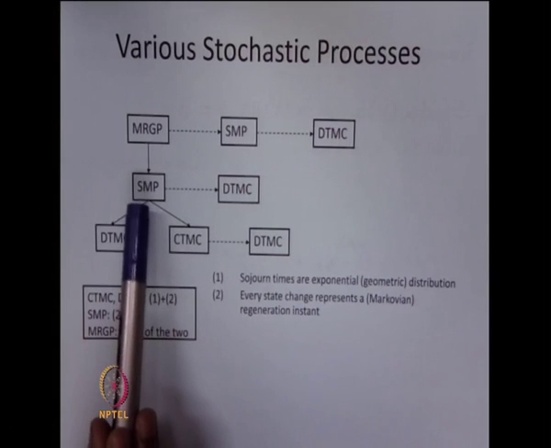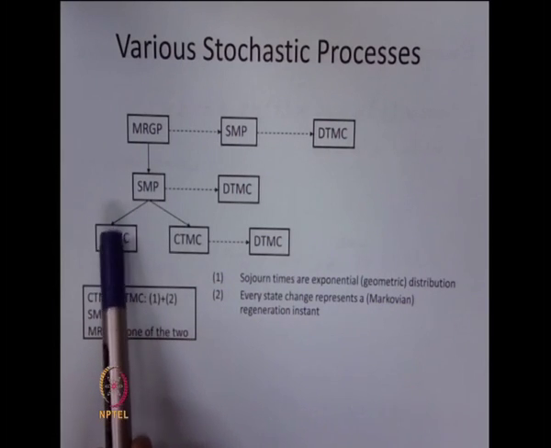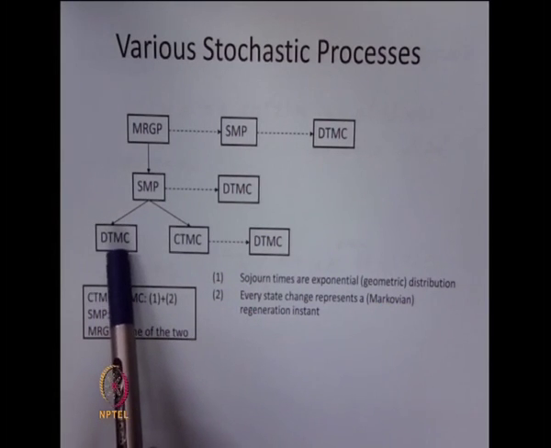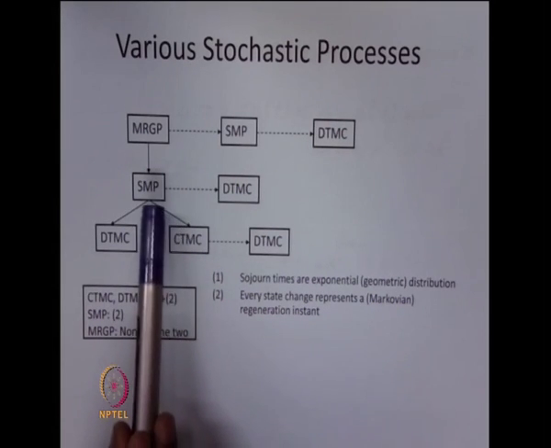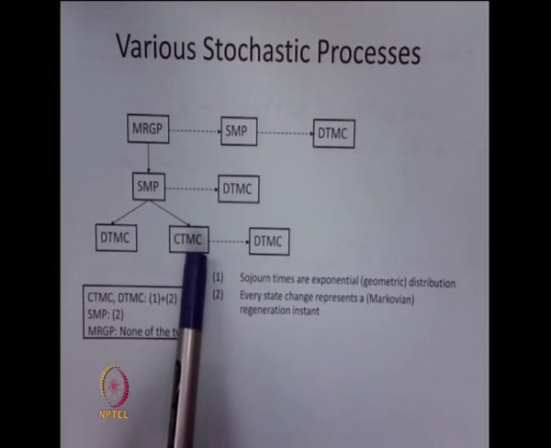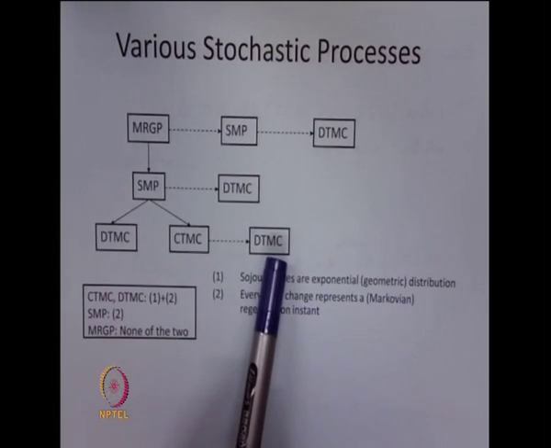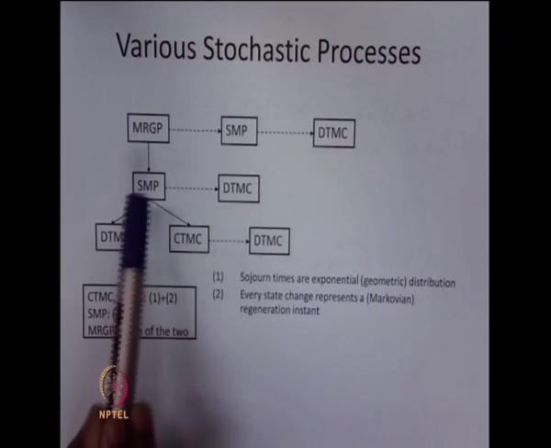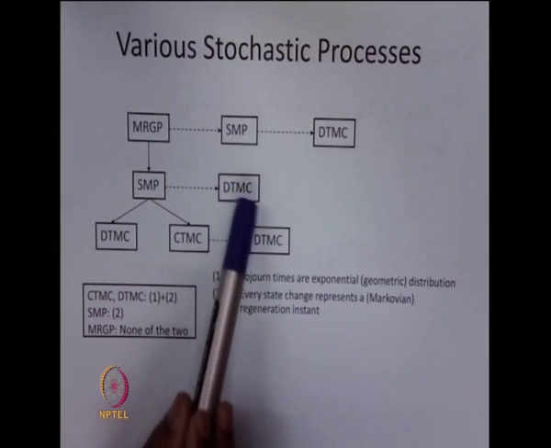From the semi-Markov process, you can have an embedded DTMC. By making the proper assumption that the sojourn times are exponentially distributed, it will be a CTMC. From the CTMC, you can create the embedded DTMC. Similarly, from the SMP, you can make an embedded DTMC.